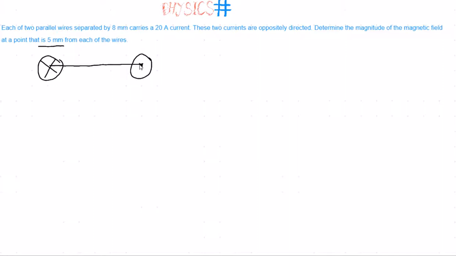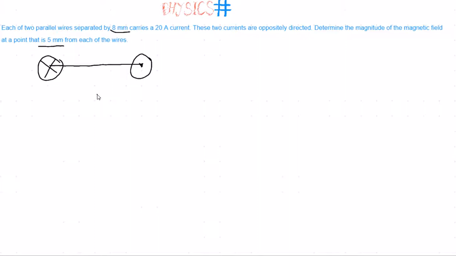In that case it cannot be 5 millimeters, it must be 4 millimeters, because the distance between the two conductors is 8 millimeters. Since the distance of that point is 5 millimeters, not 4, it is more than 4 millimeters, so roughly it would be somewhere over here.